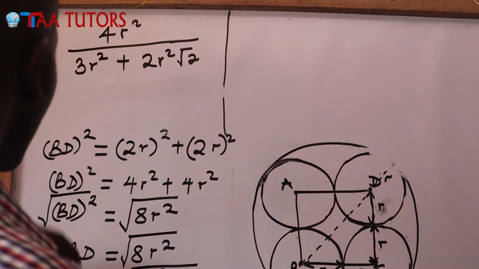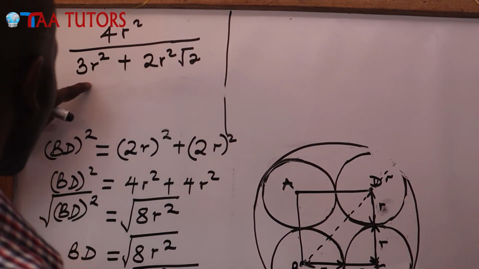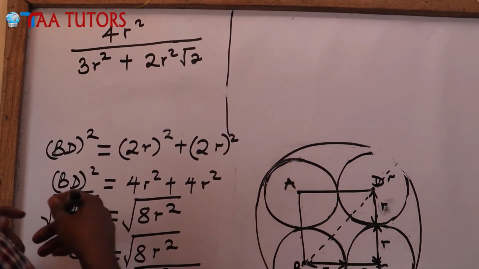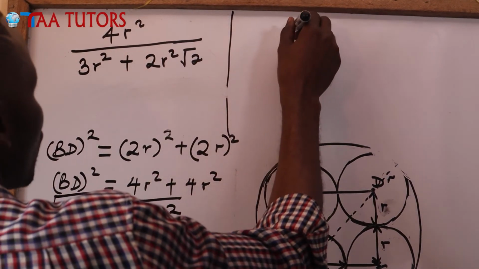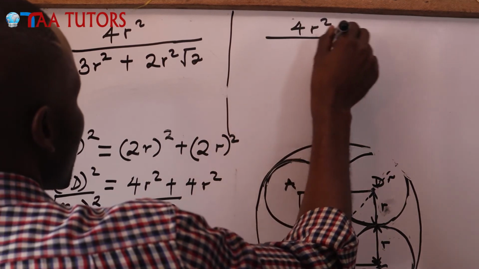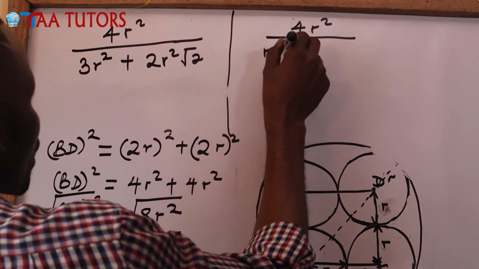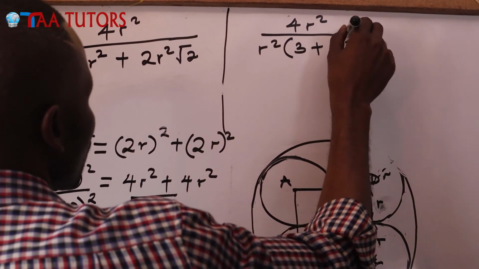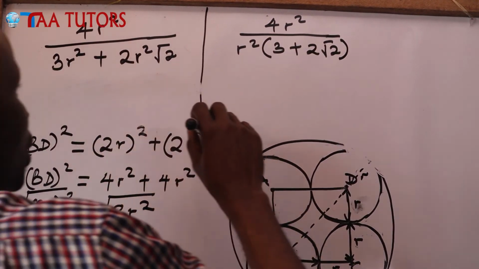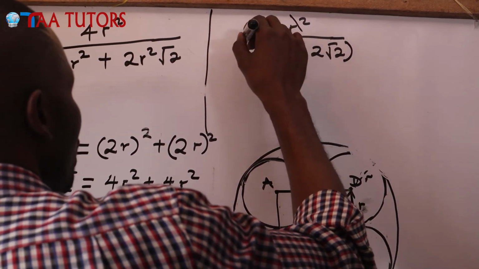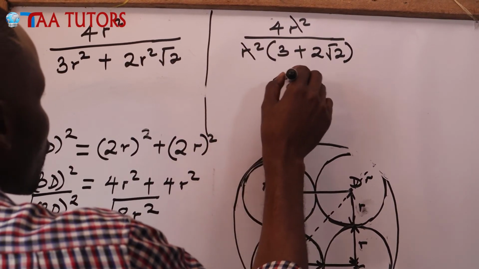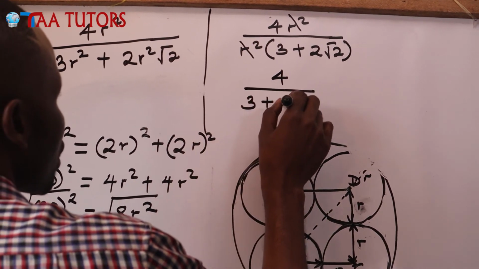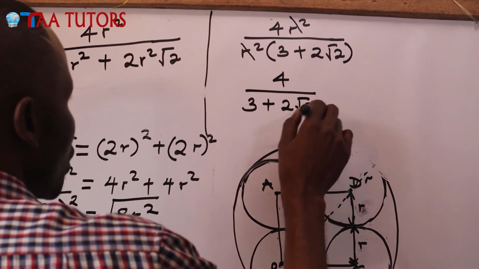The first thing we need to do here is to factorize r squared so that we can find a way to eliminate it. If we do that, we have 4r squared divided by r squared (3 plus 2√2), and the r squared and r squared will cancel. So we'll get 4 divided by 3 plus 2√2.